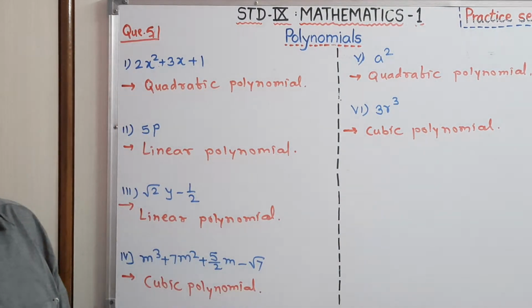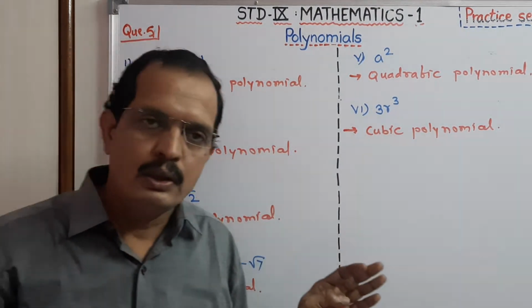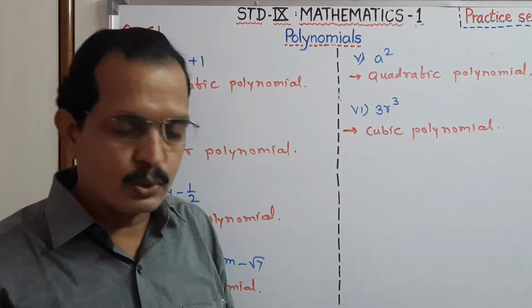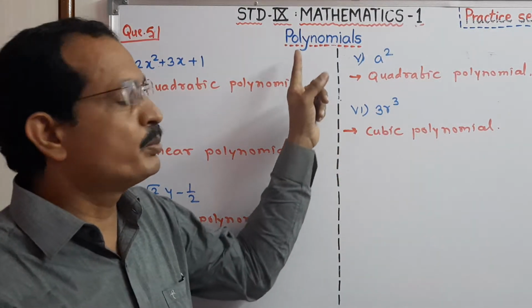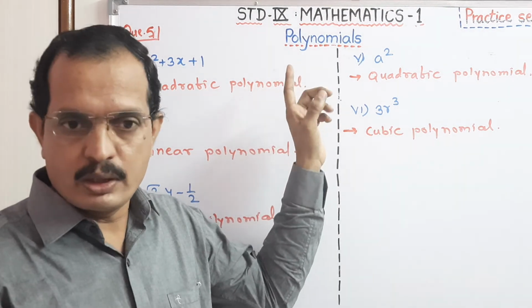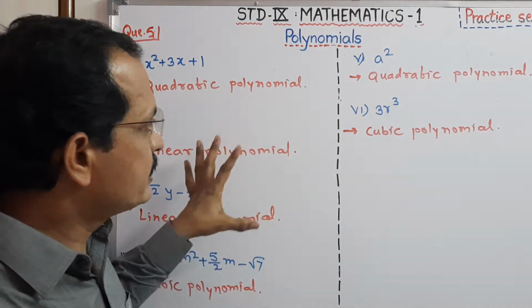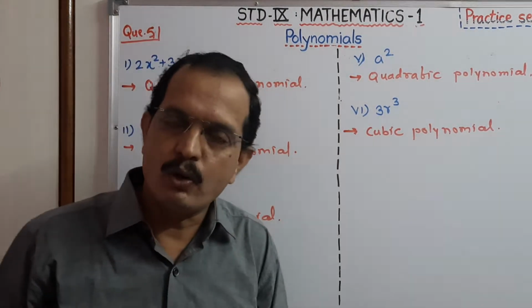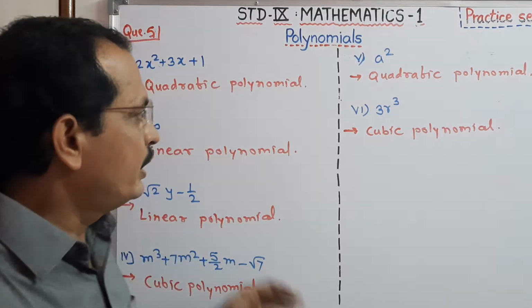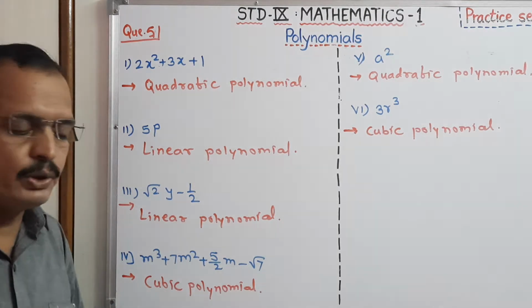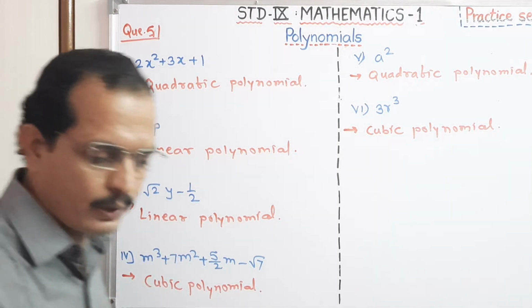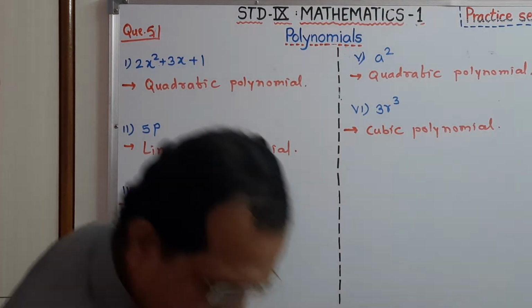Dear student, if you have any doubt, then please go through the video which is the basic concept of polynomials. Got it? Very easy things are there. I have already explained this, and if you have any doubt, then you can see the previous video, in which I have explained everything very clearly.